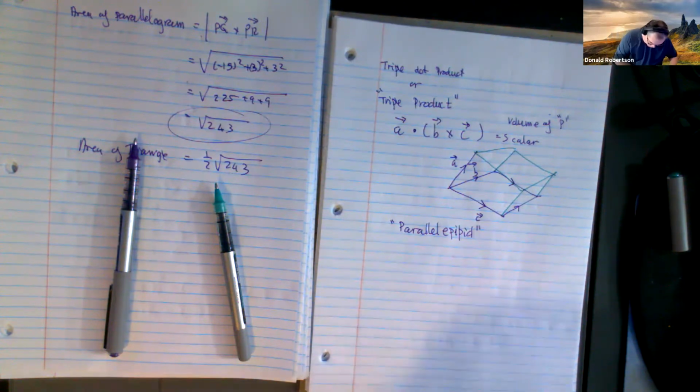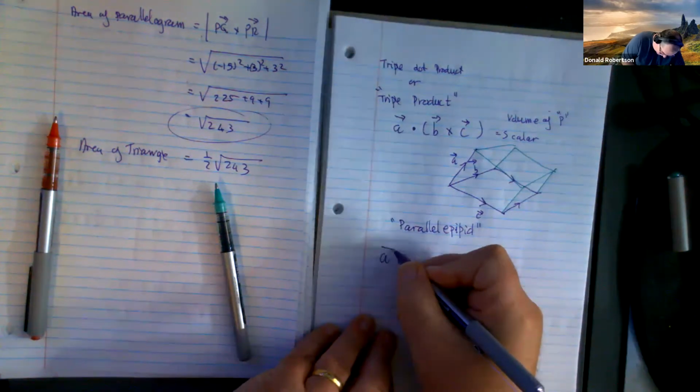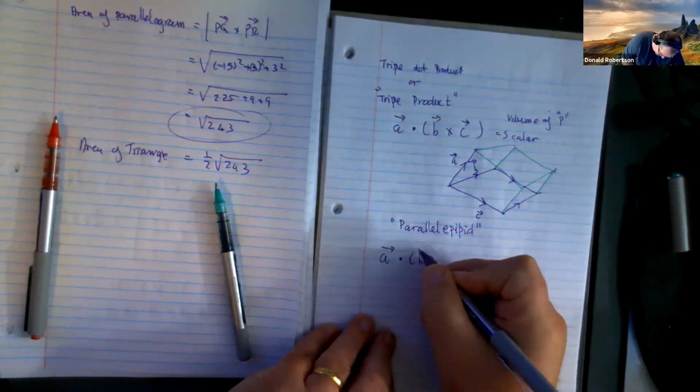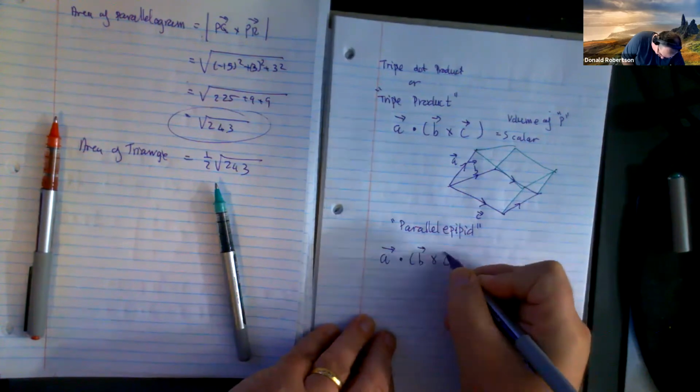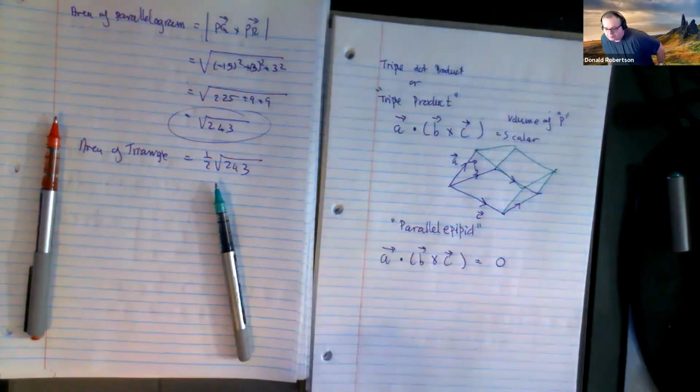Now, that's one version. Very rarely, but sometimes you get this triple product and the answer ends up being the number 0. And that is also something that you can interpret geometrically.